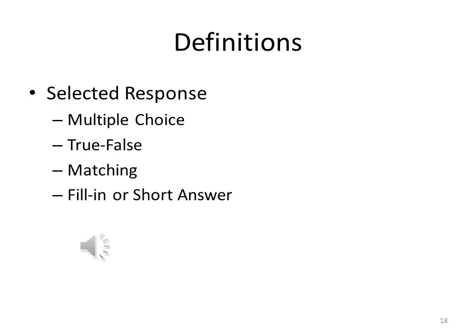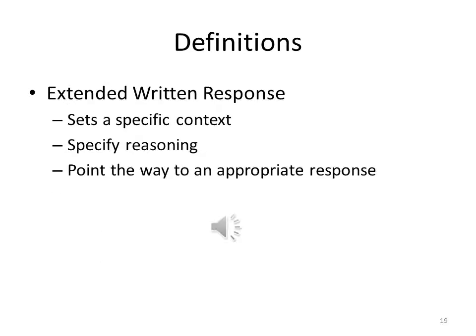When we're talking selected response, that includes item types such as multiple choice, true/false, matching, fill-in, or short answers. As we continue our definitions, in the extended written response, it's very important to set a specific context so that you are narrowing what you want the student to write about.